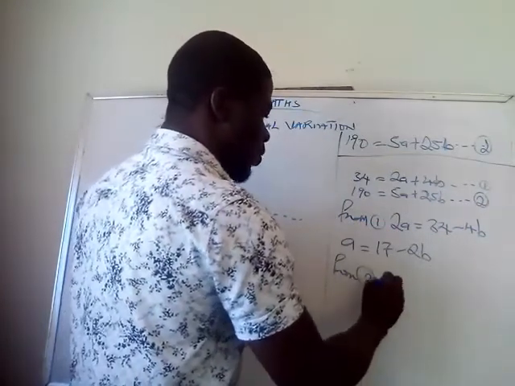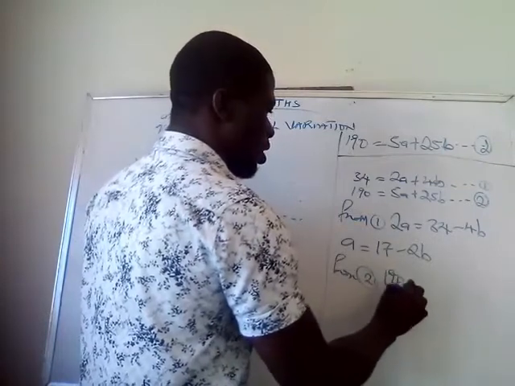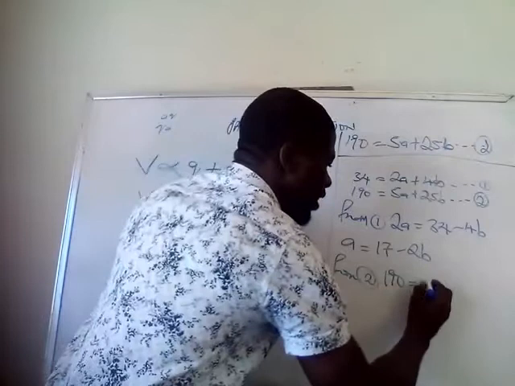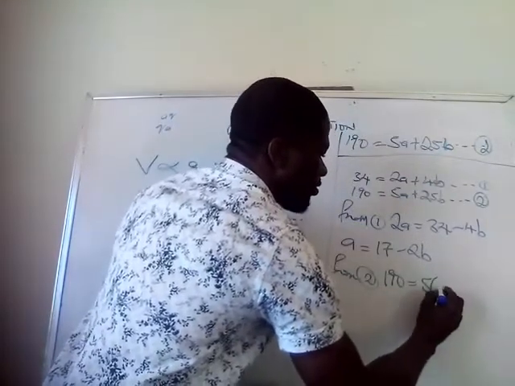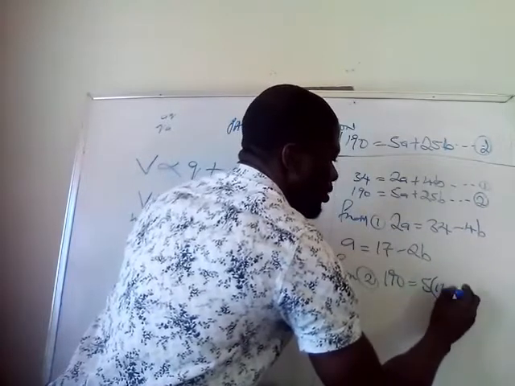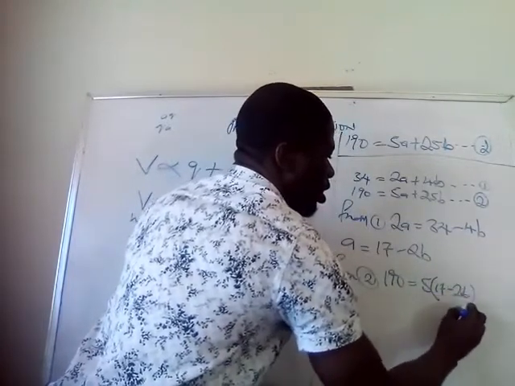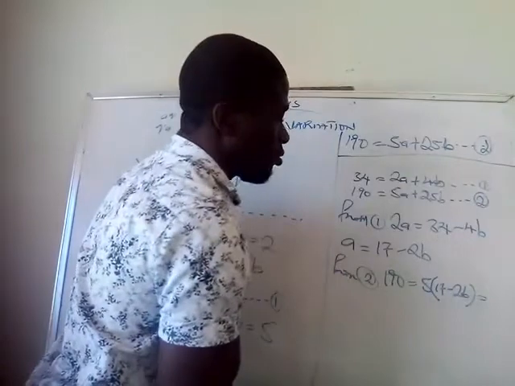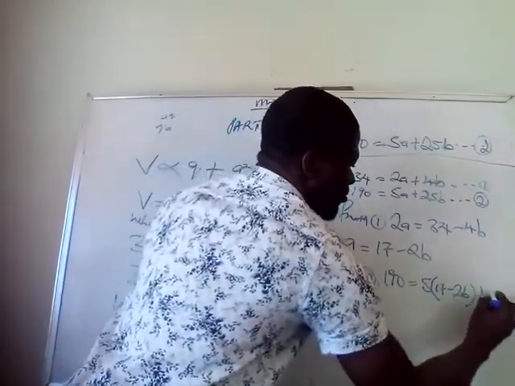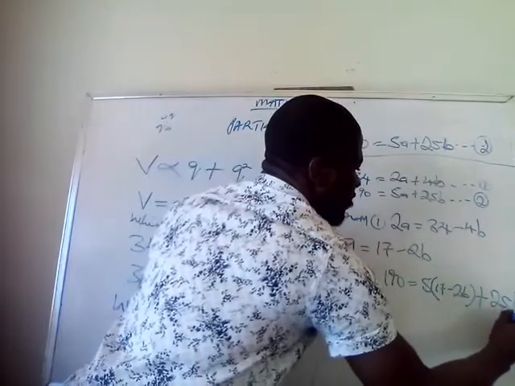We have 190 is equal to 5 open bracket 17 minus 2B close bracket, plus 25B.